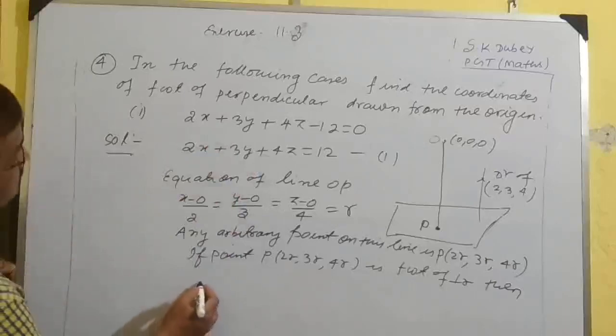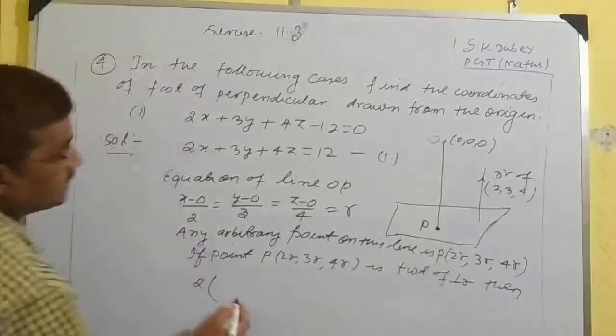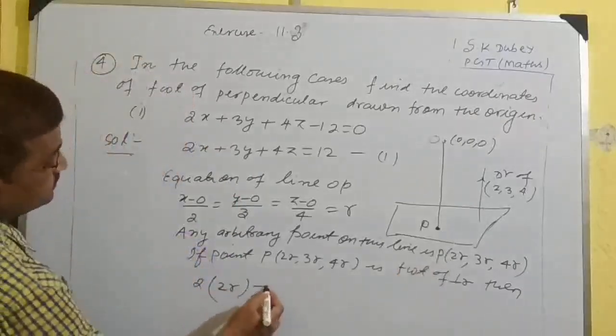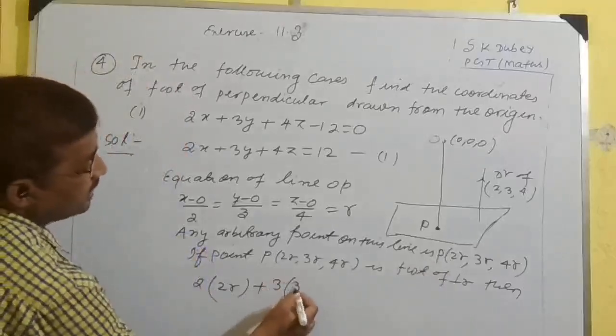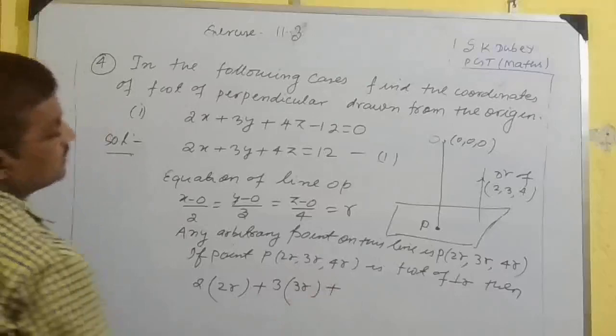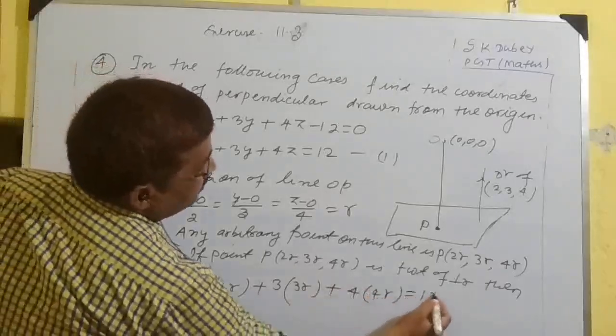that is 2, value of x we can put 2r, 3, value of y 3r, and coordinate 4 into z coordinate is 4r, is equal to 12.